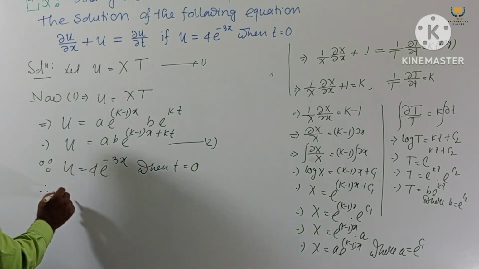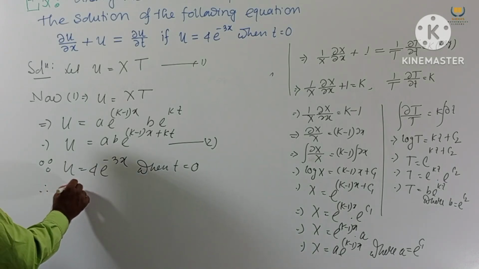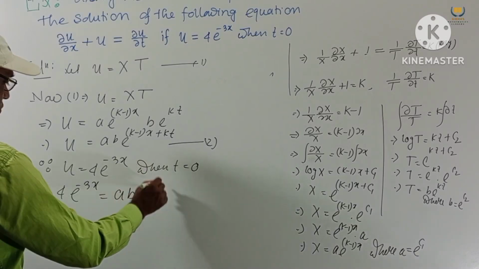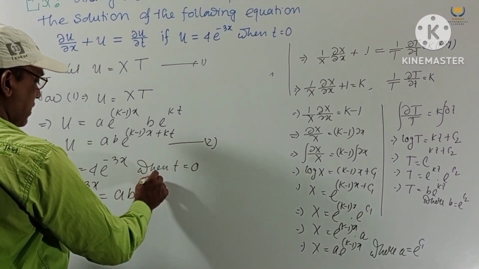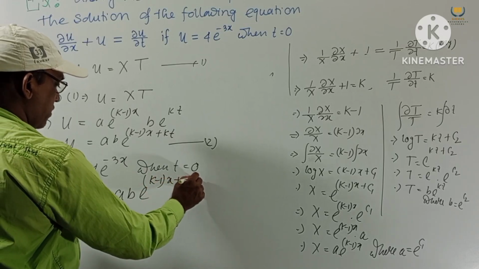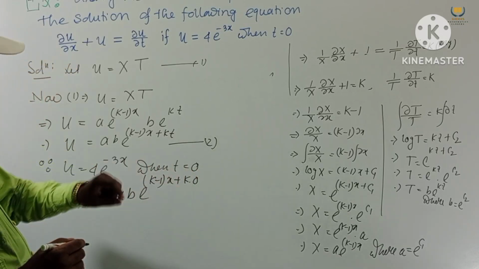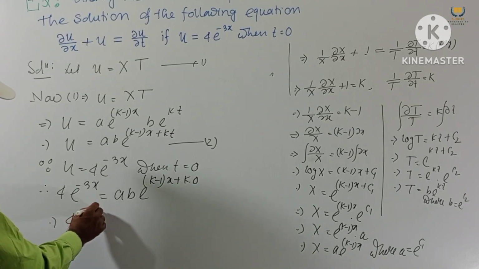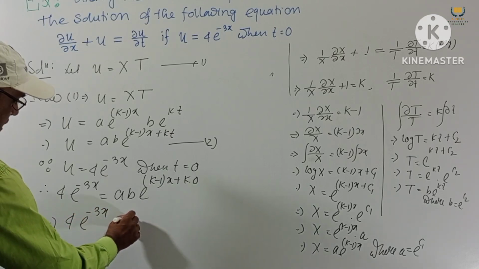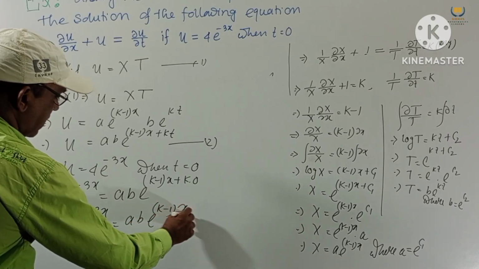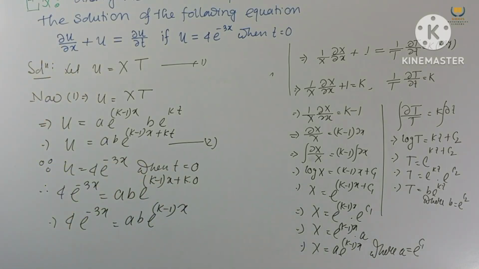Therefore 4e^(-3x) = ab e^((k-1)x + k·0), because t is 0, and this implies 4e^(-3x) = ab e^((k-1)x).